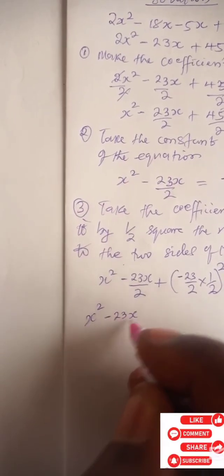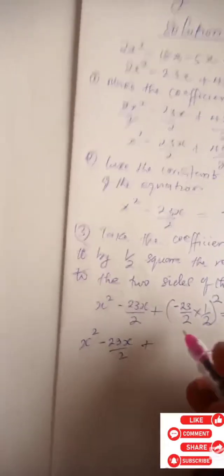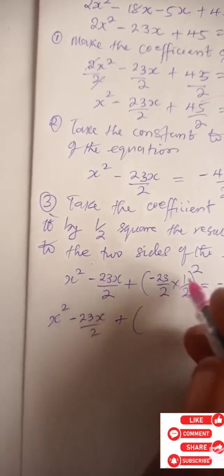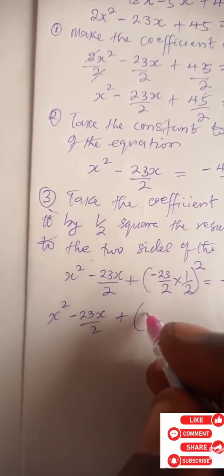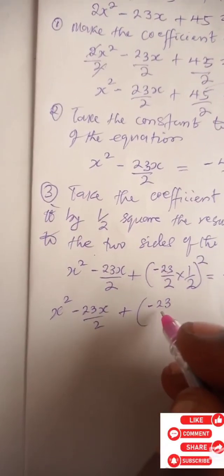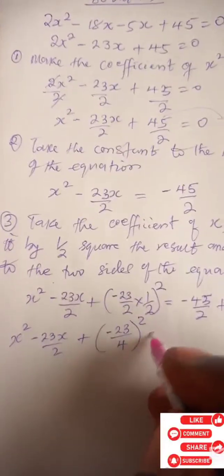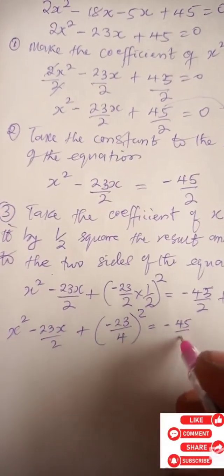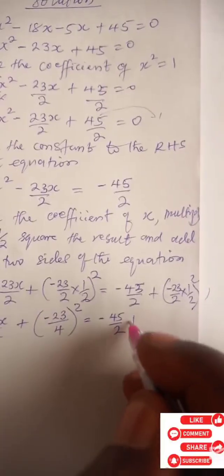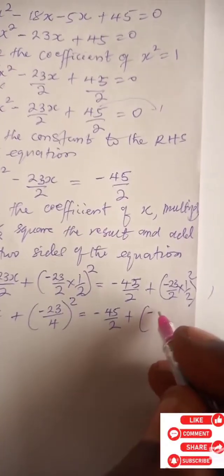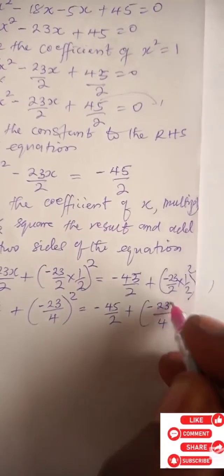Alright, now here we'll now be having x squared minus 23x over 2 plus, at this point now, we'll be having minus 23 times 1 will give you minus 23 all over 2 times 2 will give you 4. Take the square, and it's equals to minus 45 over 2 plus same value as the left hand side, or square.